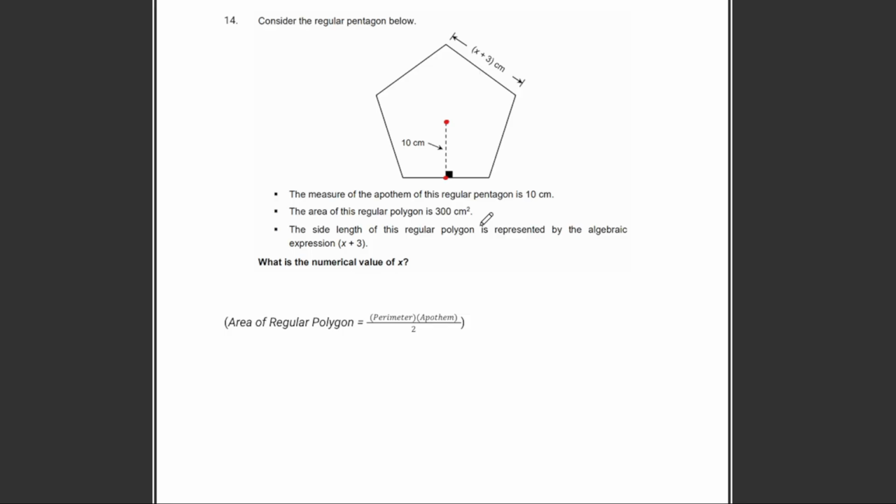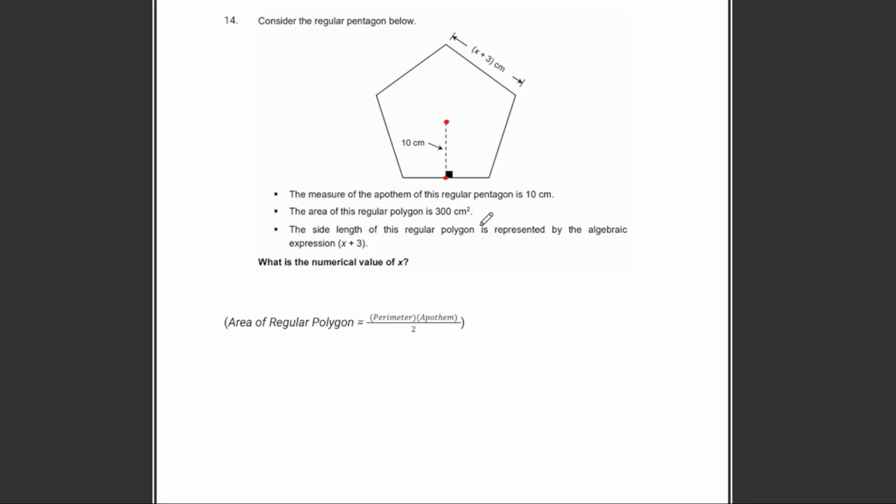It says the area of this regular polygon is 300 centimeters squared, and the side length of this regular polygon is represented by the algebraic expression x plus 3. So we don't know what the side length is, so we're just going to represent it with x plus 3. Why x plus 3? I don't know. They told us it's x plus 3, so let's use that. But we want to know what is the numerical value of x.